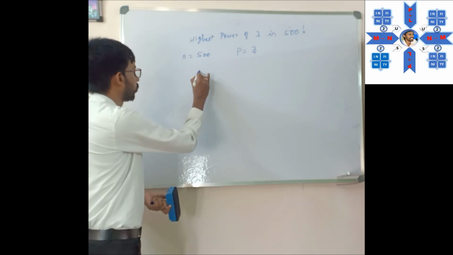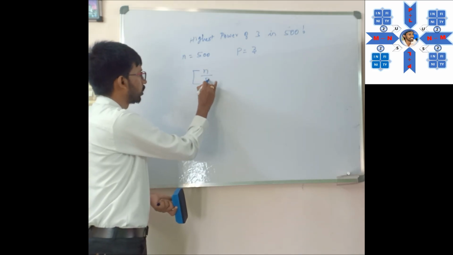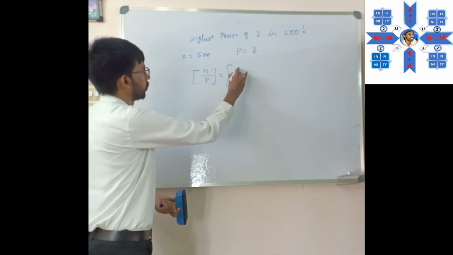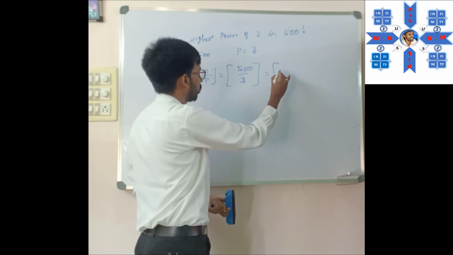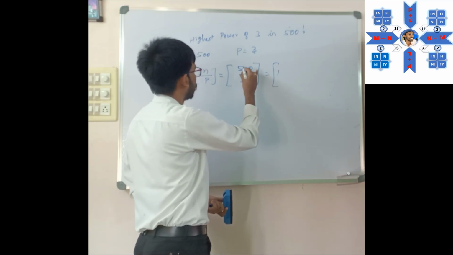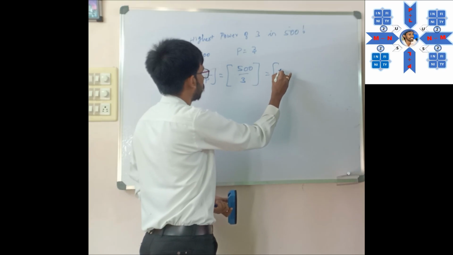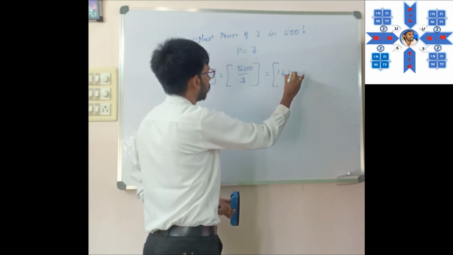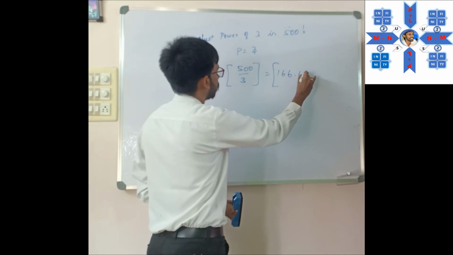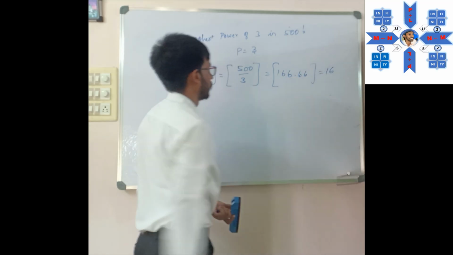First we are supposed to find the greatest integer function of n by p, that is 500 by 3. That will be 166.